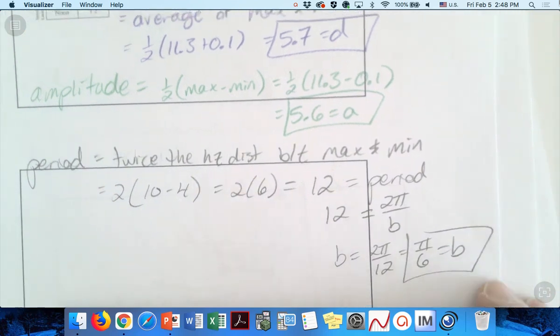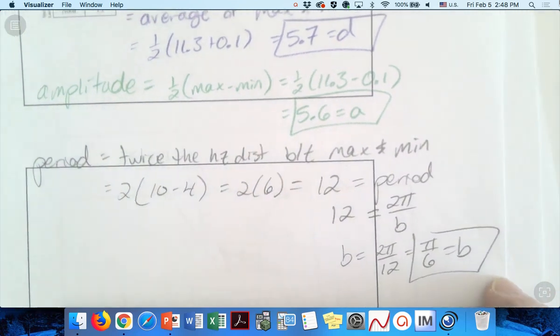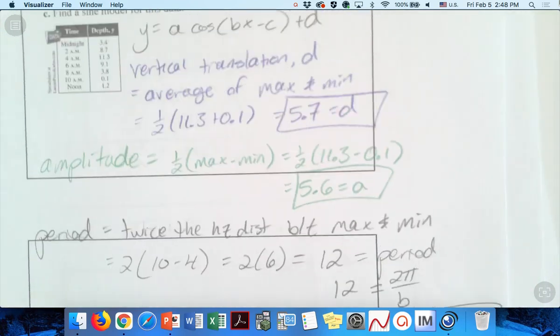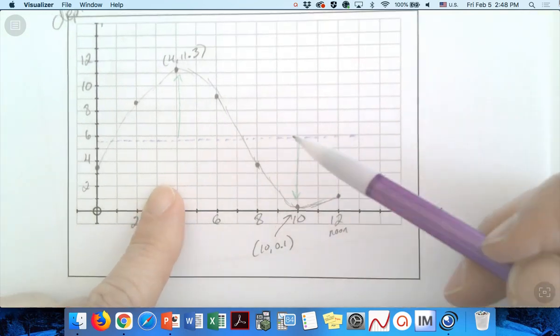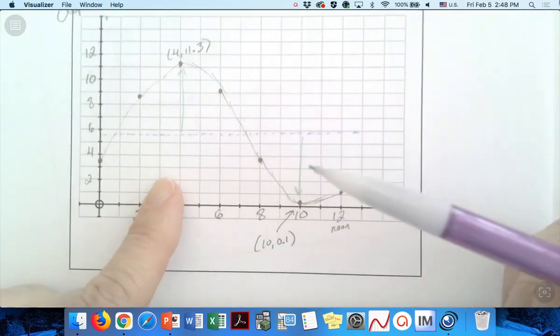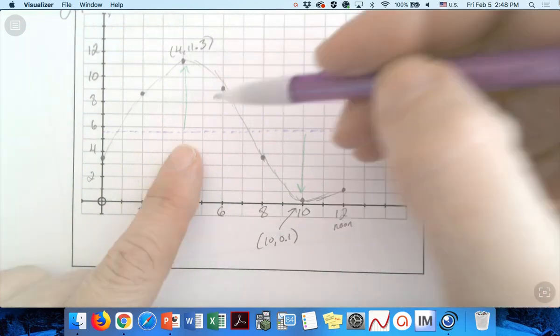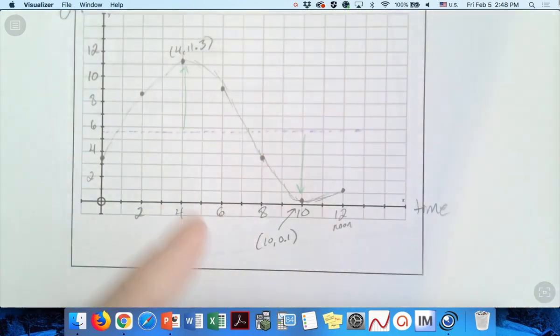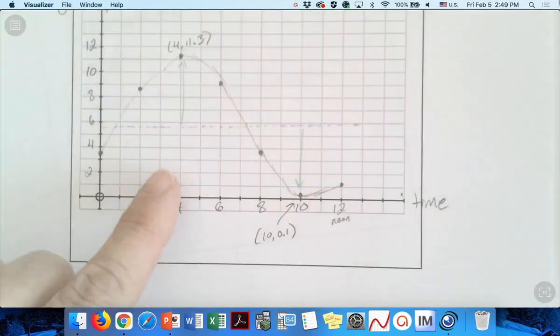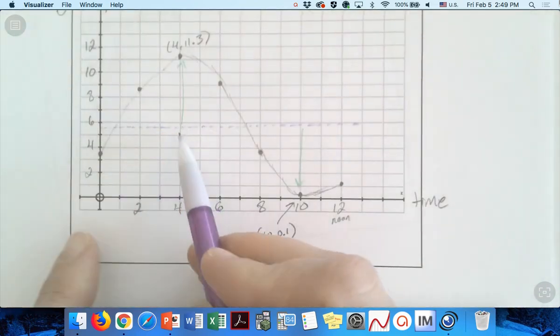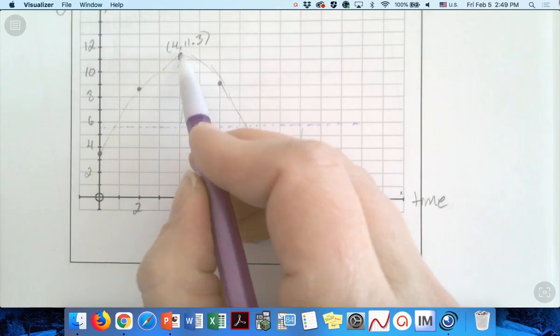Next up is C. Remember, C affects your horizontal translation or your phase shift. So this is where it actually is kind of convenient that they want us to do a cosine curve, because writing this as a sine curve is a little bit more challenging, not too much. So remember, your cosine curve starts high and then ends high. So we can just say, why don't we just make our cosine curve start at this maximum?